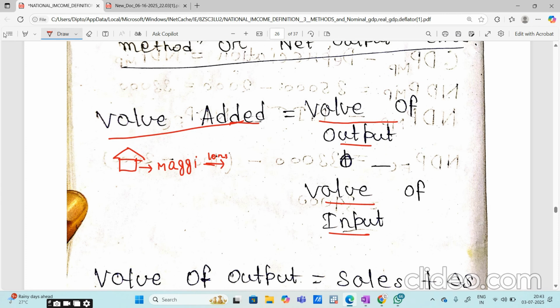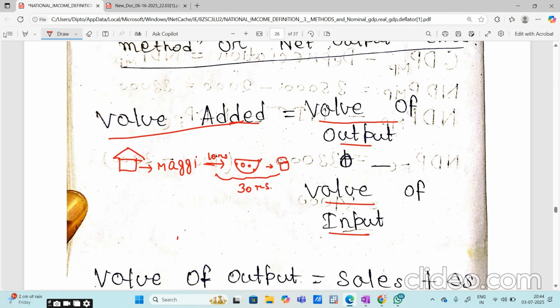I have also purchased some onions, cucumbers, sauce, masala, etc., and a gas oven for cooking the Maggie. After all these inputs that I have used to produce Maggie, the entire cost is basically 30 rupees.